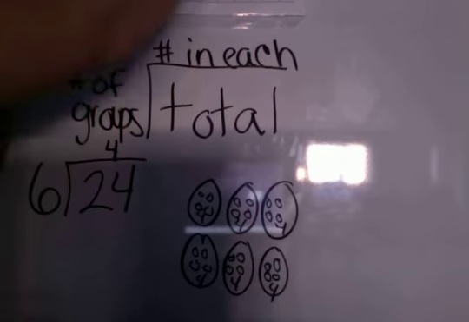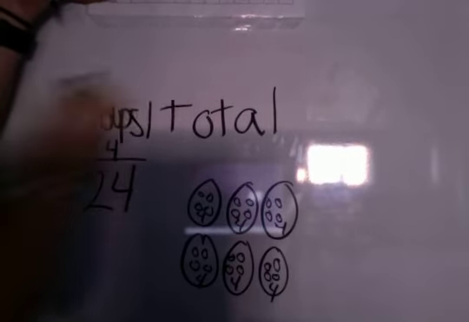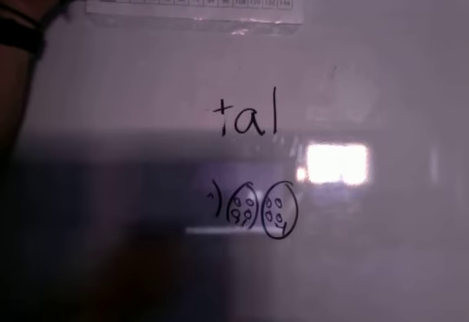Let's go ahead and take a look at how we could solve our division problems using our multiplication table. Because remember, our multiplication table, or multiplication, is related to division. So let's take a look at this. If I were to solve the problem, let's do 48 divided by 6.